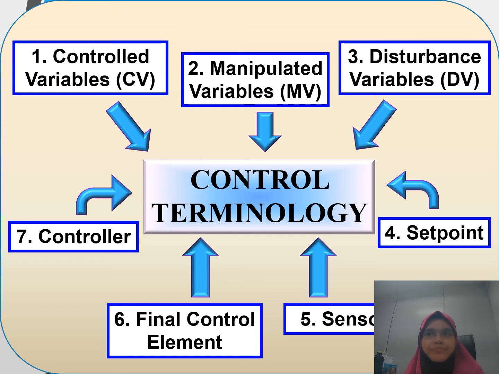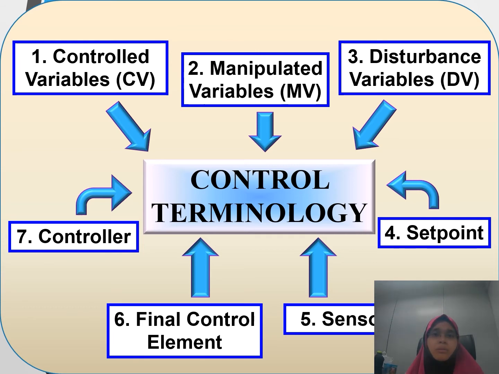Okay. The manipulated variable is the variable that we manipulate, we change, so that it will change the control variable. For example, the temperature. We manipulate the amount of steam, the steam flow rate, for example, in order to increase the temperature.